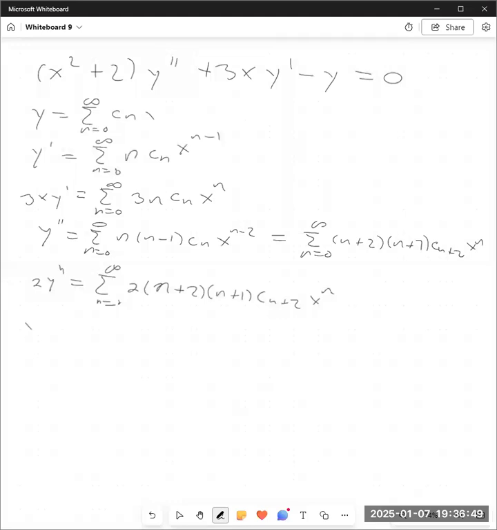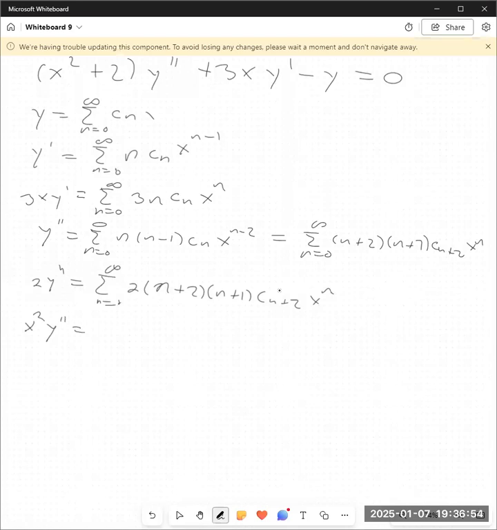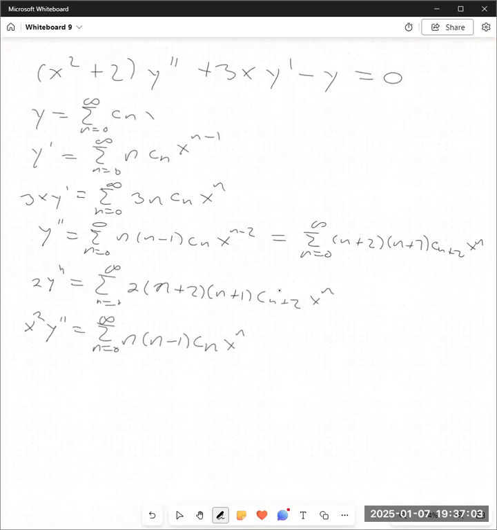And when I have x squared y double prime, I'm going to use this first form. That's going to be the sum from n equals 0 to infinity of n times n minus 1 c_n x to the n. All right, so let's add our pieces together here. I have x squared y double prime plus 2y double prime plus 3xy prime minus y needs to be equal to 0.